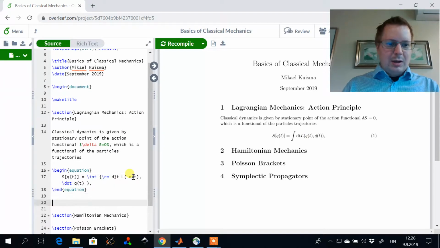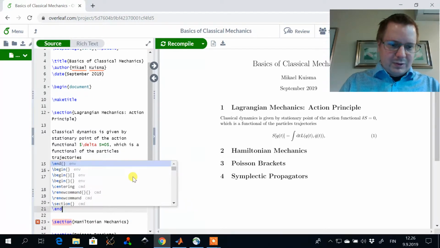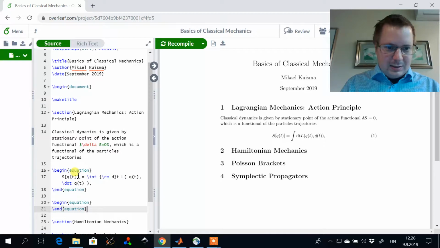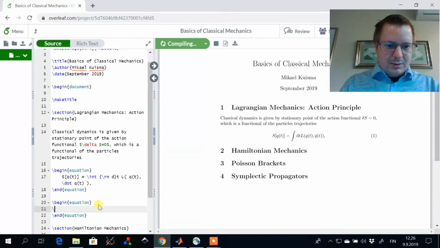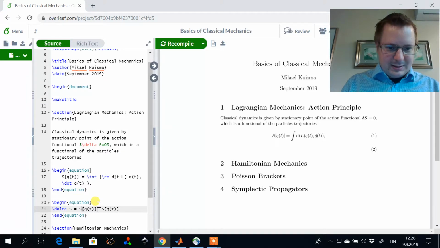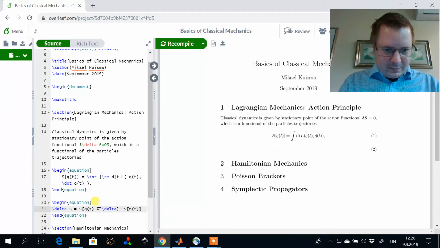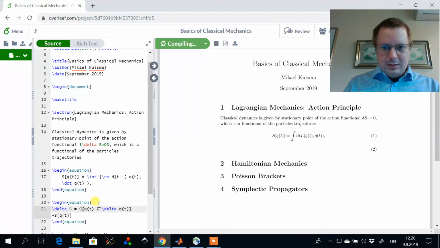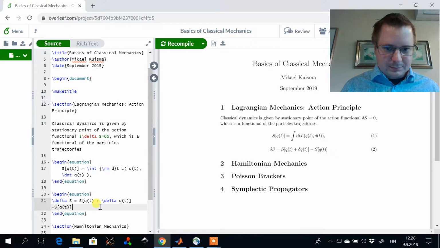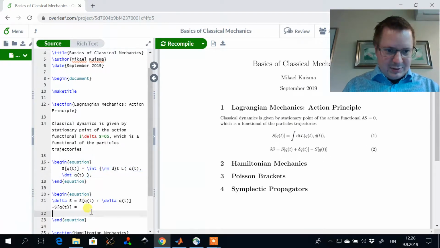So we will now try to calculate the variation. So we have the delta S, and we can write the delta S in such a way that we use some delta Q(t) here to vary it. And now we need to substitute this function S here.